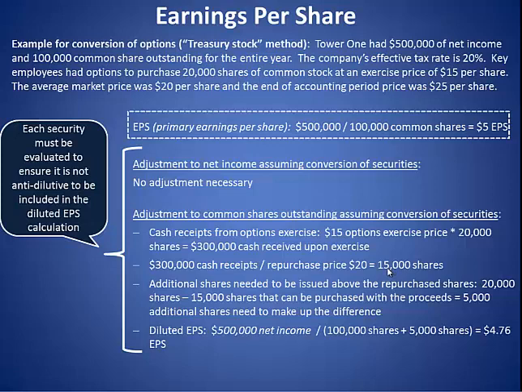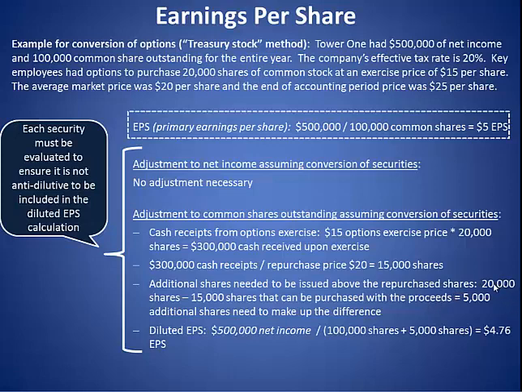However, there's a bit of a problem here because we were only able to purchase 15,000 shares. And if the options are fully exercised, there would be 20,000 options. So we're going to have to issue additional shares of common stock above those repurchased shares to make up for the difference.